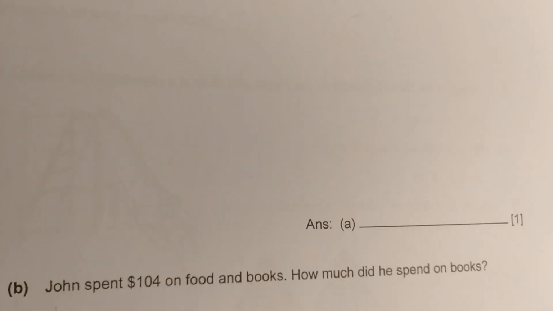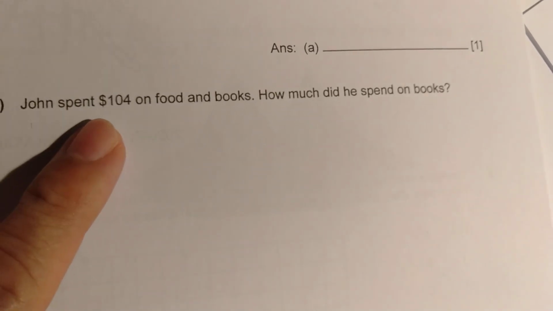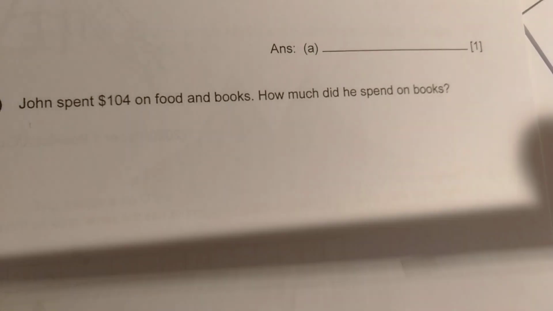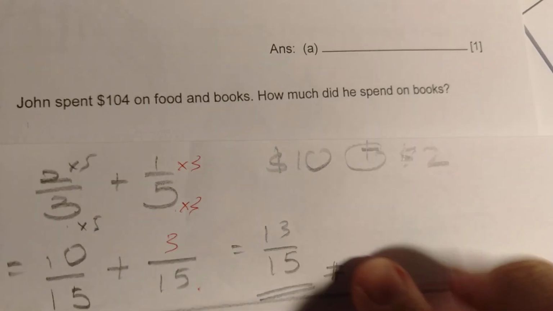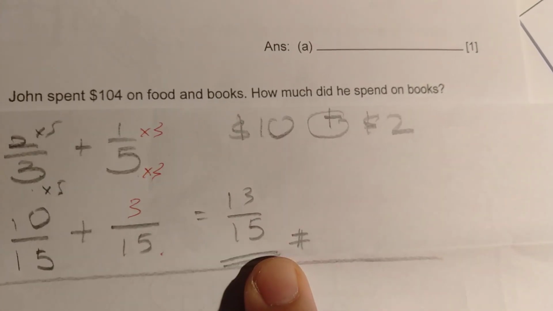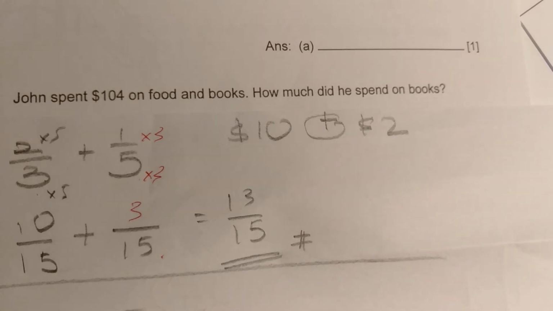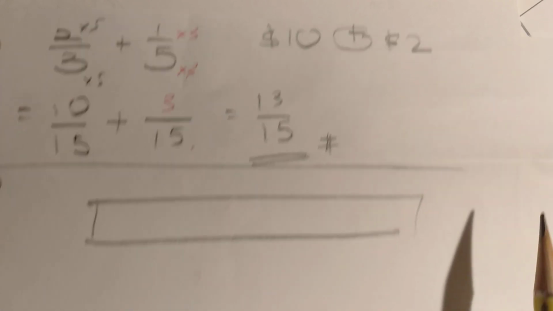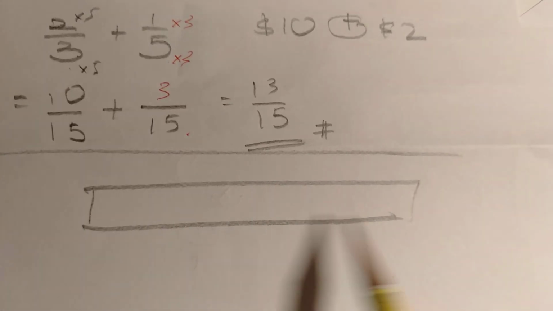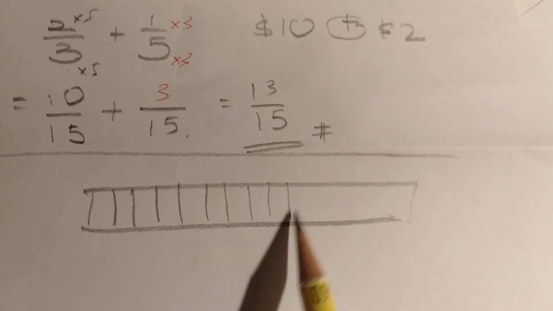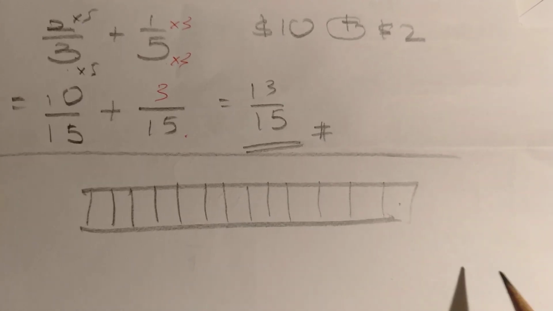Now in this part they are telling us he spent $104 on food and books. We knew just now from the answer, he spent 13 out of 15 parts of his money on food and books. What does that mean? So that means that if one whole is this, and there are 15 parts, 1, 2, 3, 4, 5, 6, 7, 8, 9, 10, 11, 12, 13 parts.